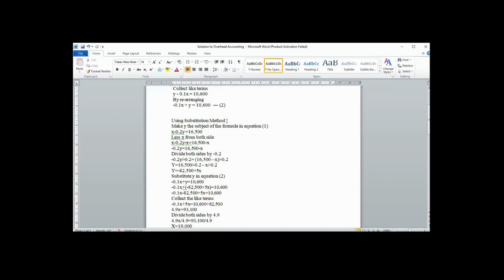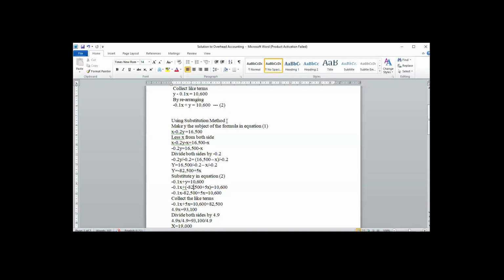But what we only need is Y. We need to cut away everything that will disturb that Y. We now said, okay, divide both sides by minus 0.2, so Y can stand on its own. Minus 0.2Y divided by minus 0.2 equals Y, because they cancel themselves. Minus 0.2 divided by minus 0.2 is 1, which leaves Y. Y equals 16,500 minus X divided by minus 0.2.